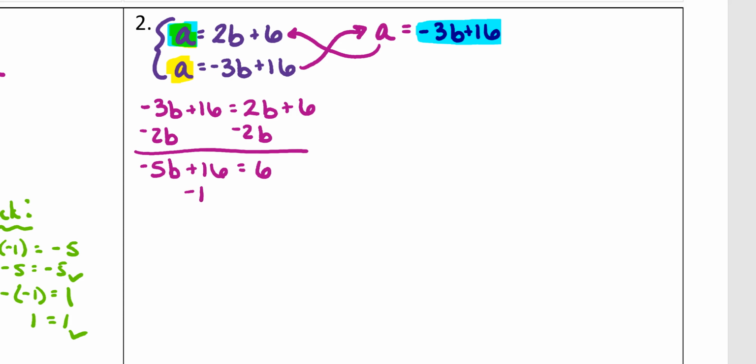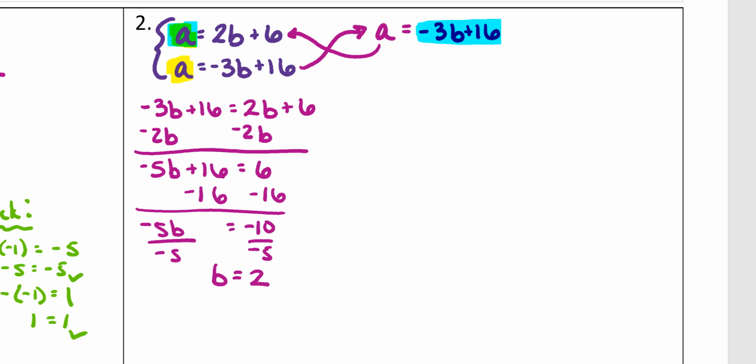Subtract 16 from both sides. So negative 5b equals negative 10, and divide by negative 5. So b equals positive 2. Again, don't stop there. Take it all the way back up to this expression up top here.